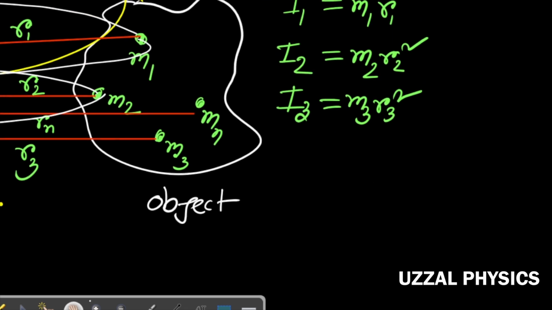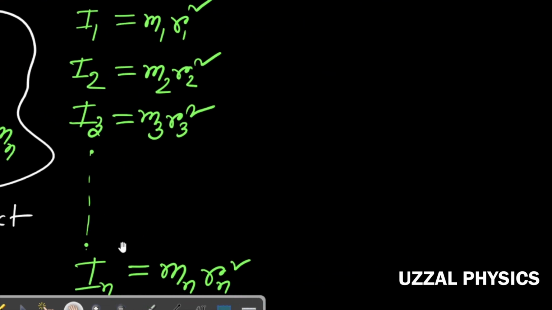By this way, as we assume this object is made of a large number of particles, the number of particles is n, so for the nth particle we can write mass mn and perpendicular distance rn squared.